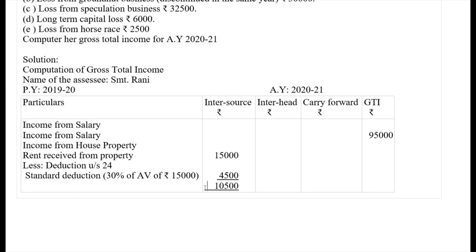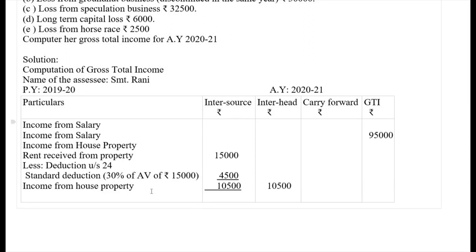This is nothing but income from the house property, which shall be taken to the interhead set off column, that is 10,500.